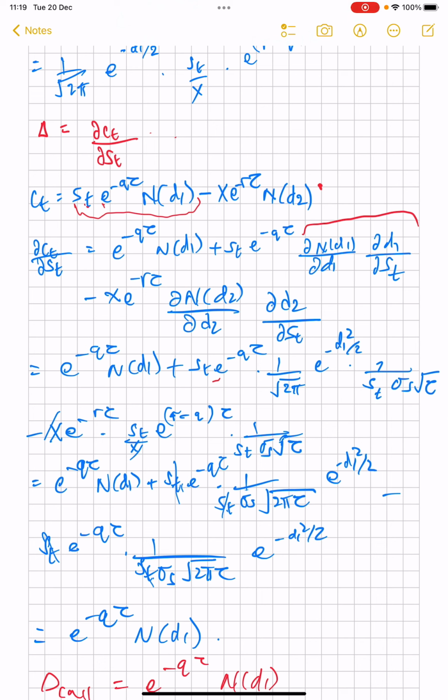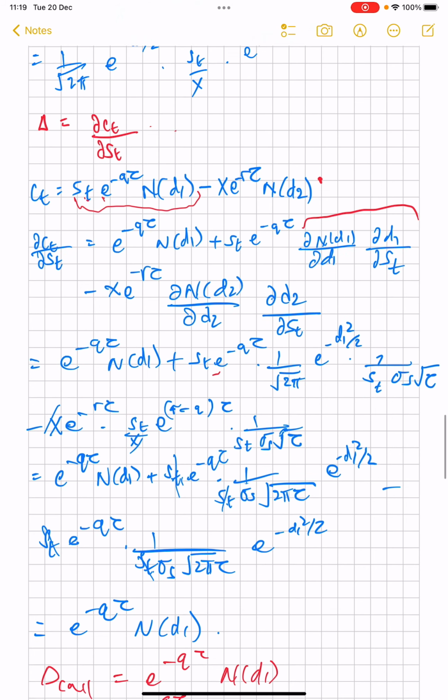This is a partial derivative, and you have to differentiate with respect to ST. So we're using product differentiation, whereby you differentiate with respect to ST, and the other product differentiation, given the fact that the cumulative normal distribution of D1 is a function of ST, turns out like this. You break the differentiation as such.